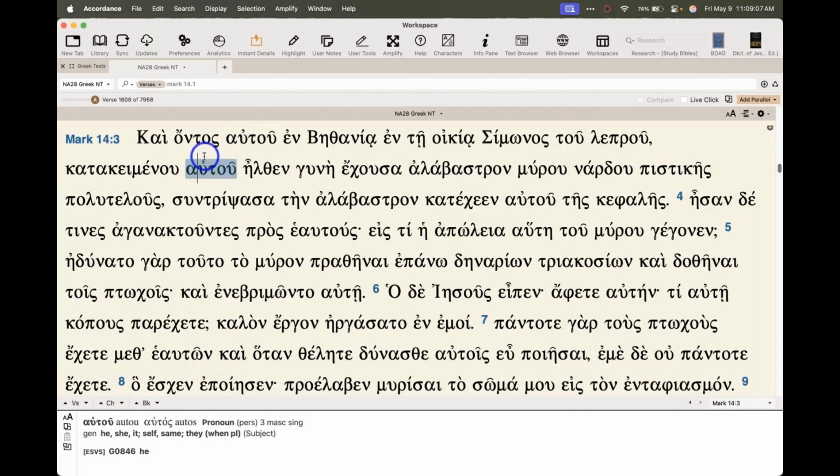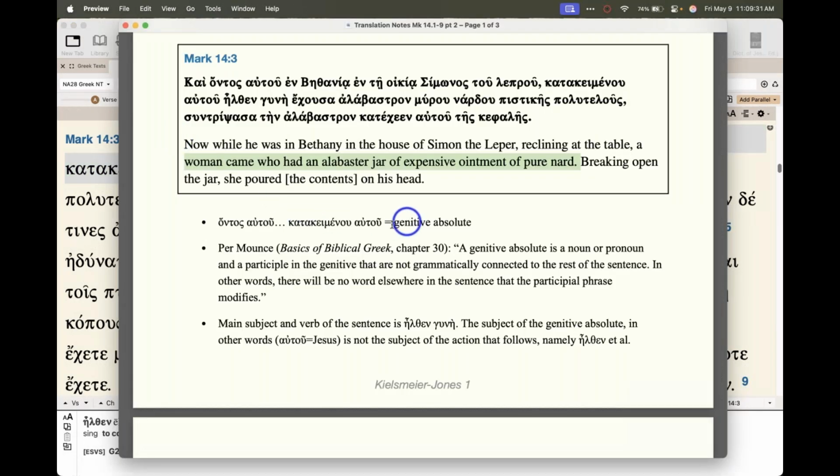And the only reason they're not right next to each other is because you've got this modifier of where he was. He was in Bethany at the house or in the house of Simon the leper. But everything that I've highlighted right here, before you get to the main verb of eilthein and the main subject, the main actor of gune, the woman, you've got this genitive absolute.